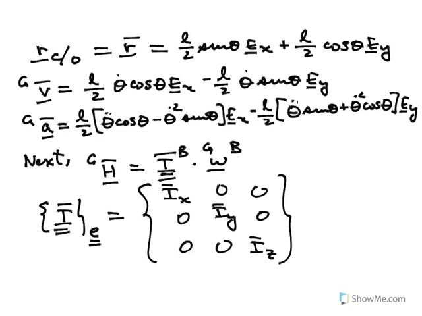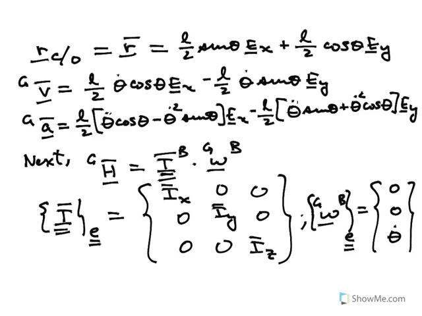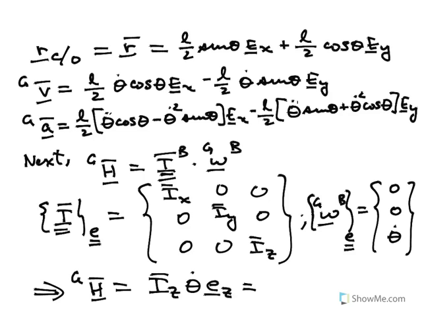Similarly, the angular velocity of the body in the ground, expressed in this basis E, is 0, 0, theta dot. So the angular momentum relative to the center of mass gives me Iz bar theta dot Ez. But for a slender uniform arm, Iz is equal to ml squared over 12, so it is ml squared over 12 theta dot times Ez.